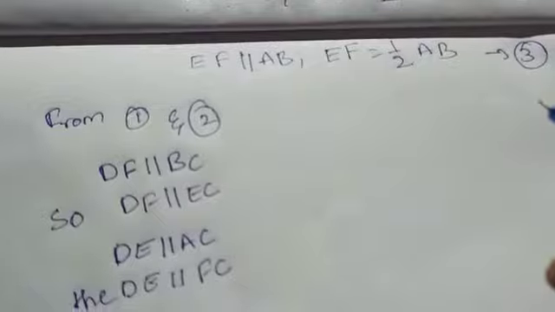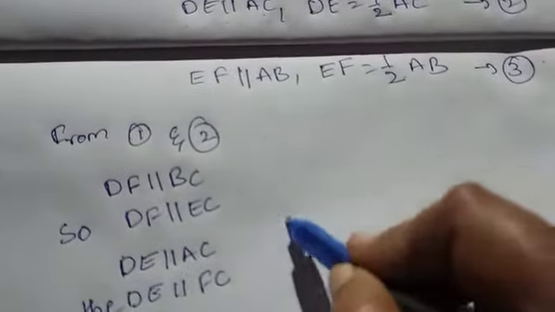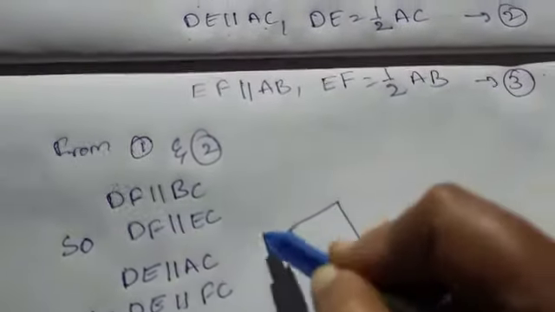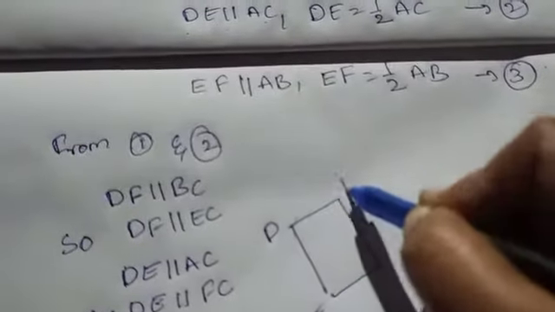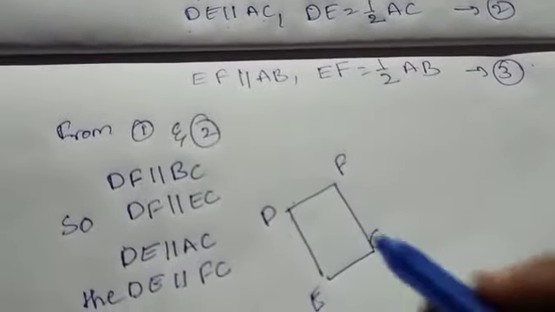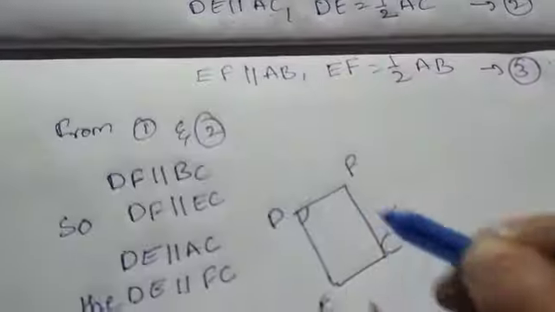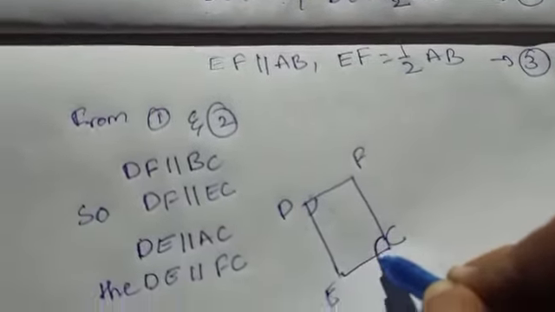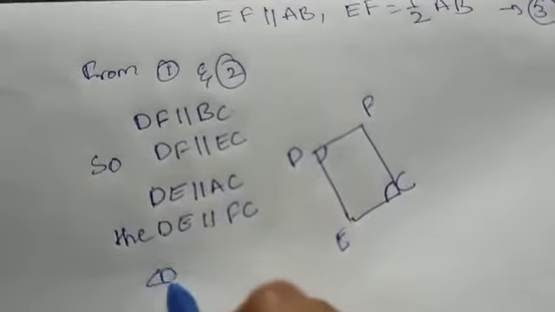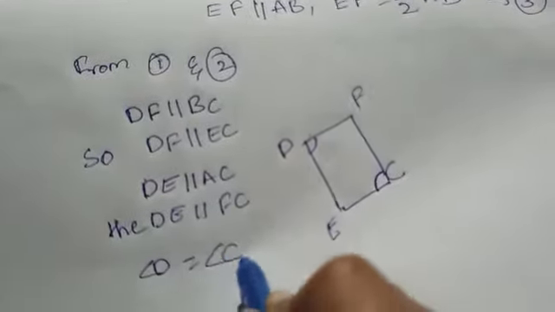Here we get one parallelogram, that is DEFC. In a parallelogram, opposite angles are equal. Angle D equals angle C.